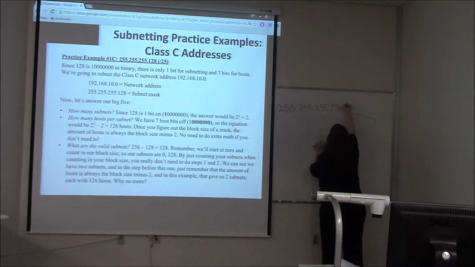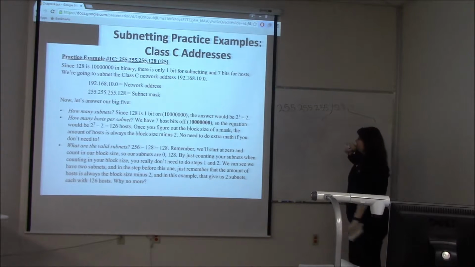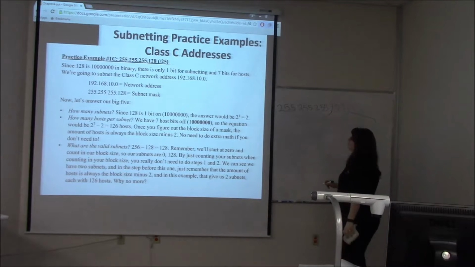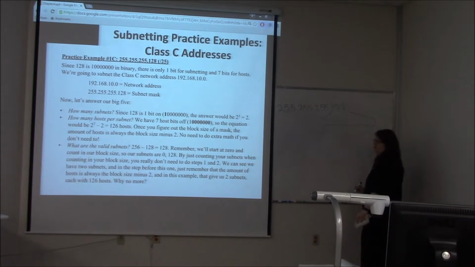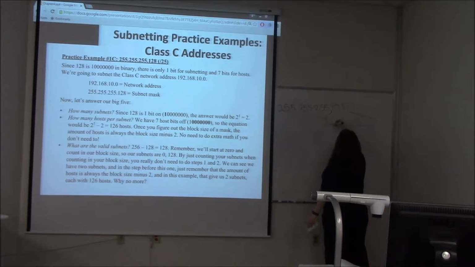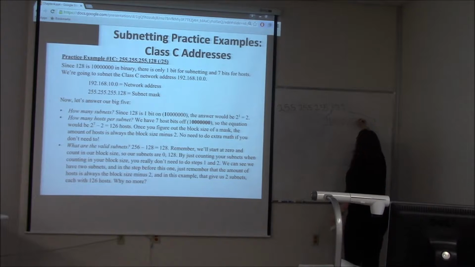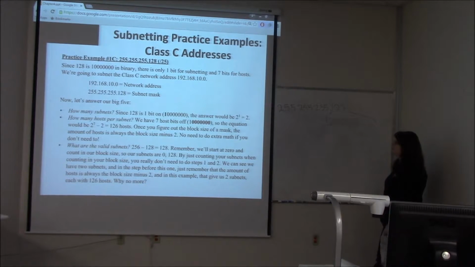So this is the first available Class C subnet. So when we map this out, how many bits do we have turned on? 1, which means 7 are off, right? So that's what my last octet looks like.